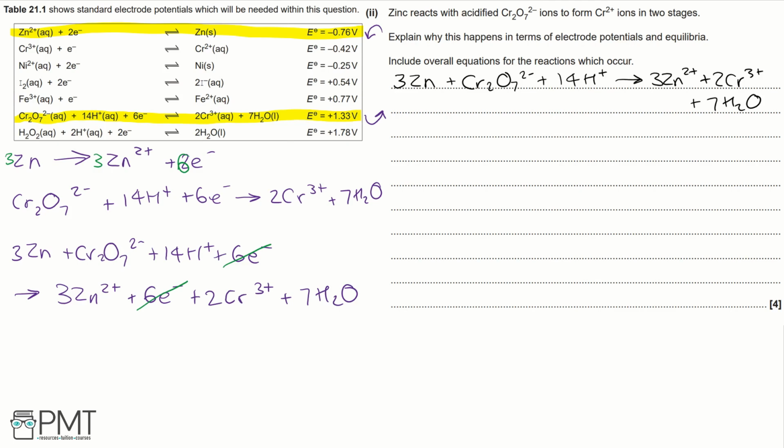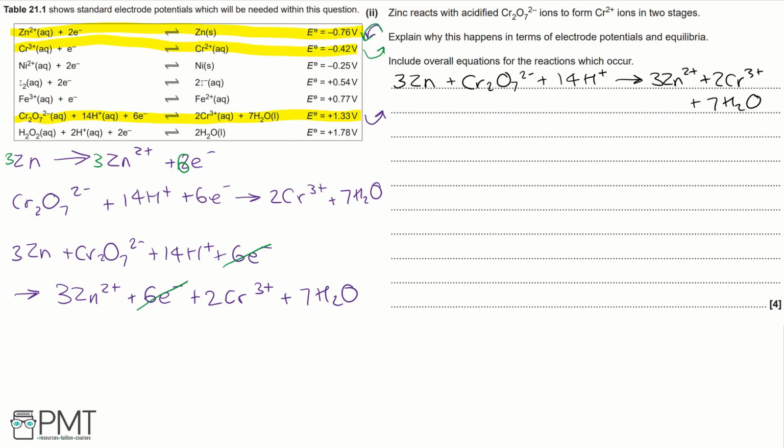In the next stage, we're going to react zinc with chromium 3+ and use this electrode potential which I have just highlighted. Like for stage 1, we need to identify the most positive and most negative electrode potentials. The most positive is the chromium electrode potential, so it will shift forwards, and the zinc is still the most negative, so it's going to shift backwards.